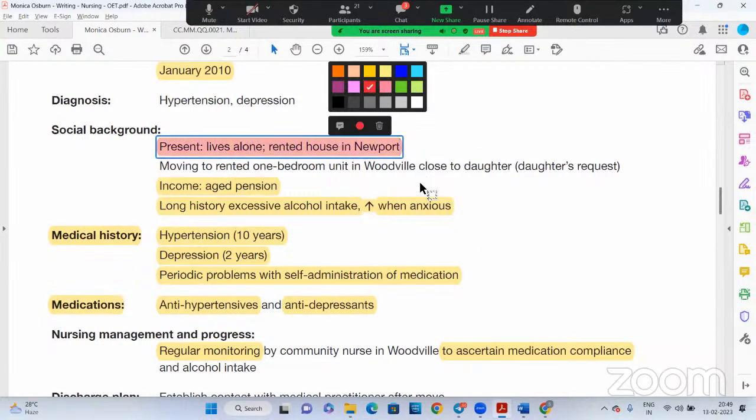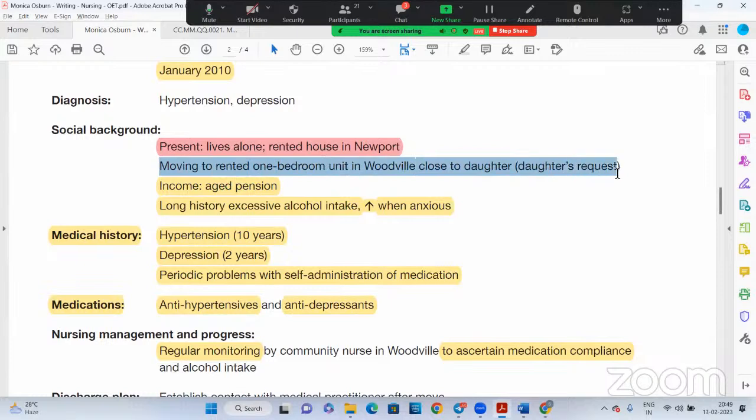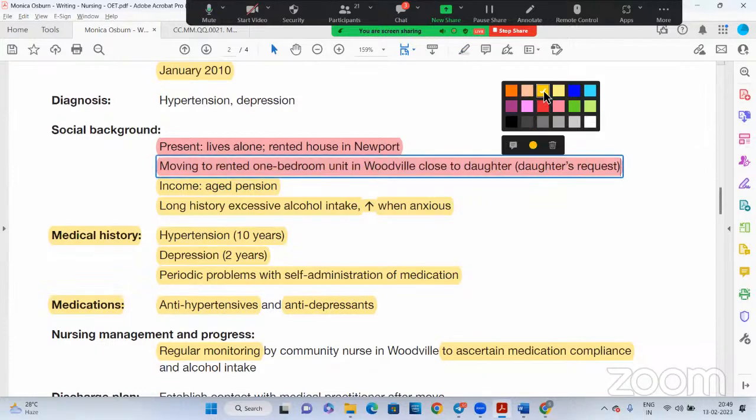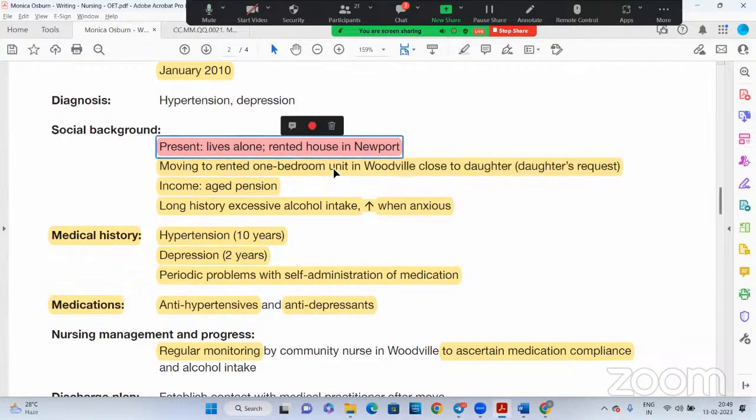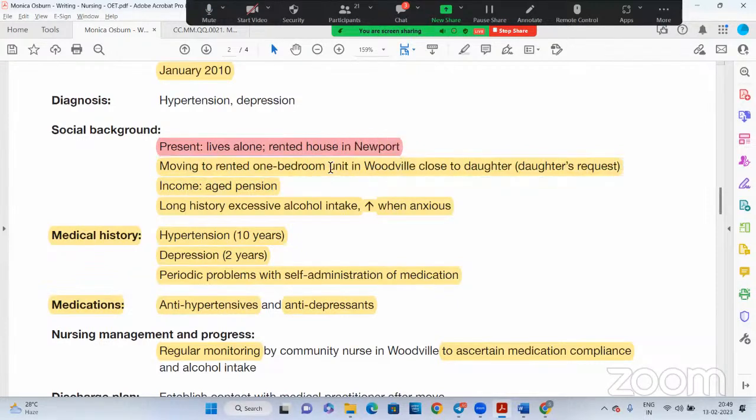She is moving to a rented one-bedroom unit in Woodville, close to her daughter, on the doctor's request. So this is relevant information. You should identify which is irrelevant and which is relevant. Now we have already written this one: moving to a rented one-bedroom unit in Woodville, close to daughter, on daughter's request. So now let us take this one.